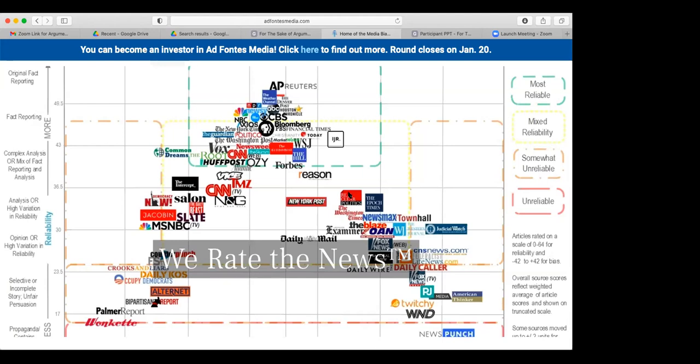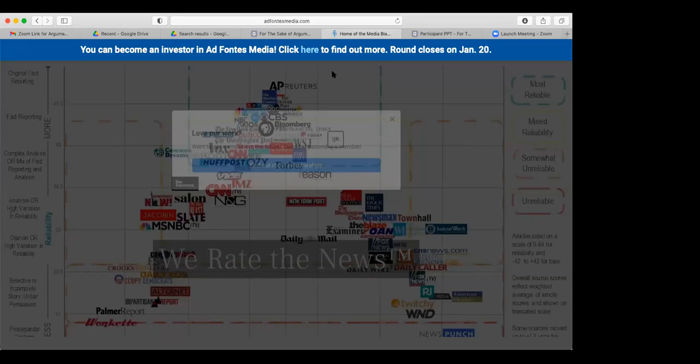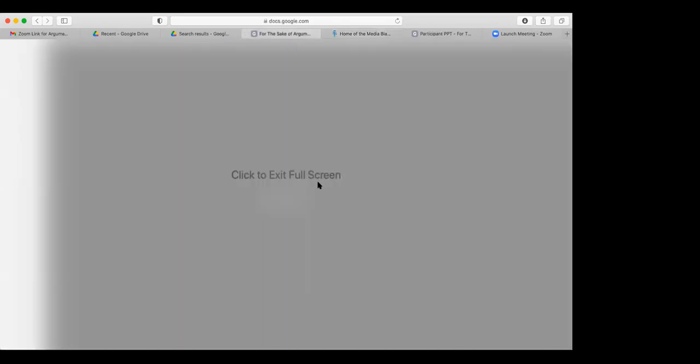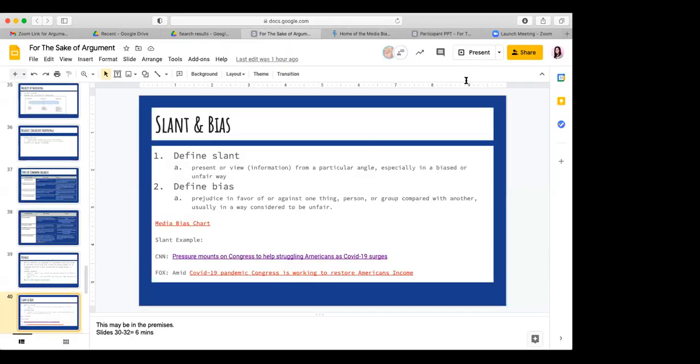And so you can find particular topics and read just how different they are. So when you're wanting your students to understand bias, you can use this chart as a way to research where you want to find your articles. Okay. It's just a real neat chart.